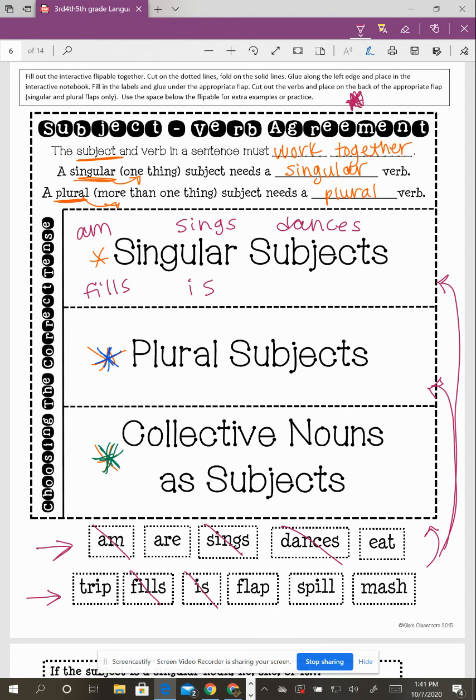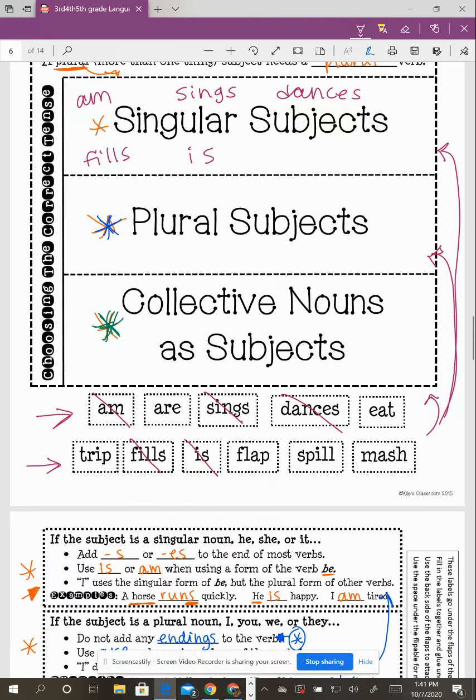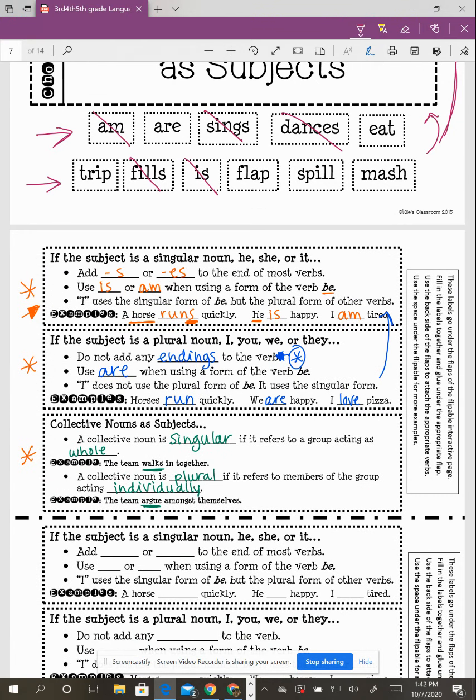Now I'm wondering if you can make an observation why I did that. In our journal page, you should have realized that we need to add an s or es if it's singular. These words, sings, dances, fills, those end in an s. We also said that the words is and am have to do with being singular. Cut and glue those on the back of the singular flap.